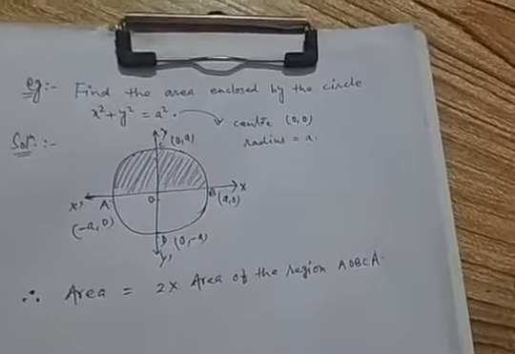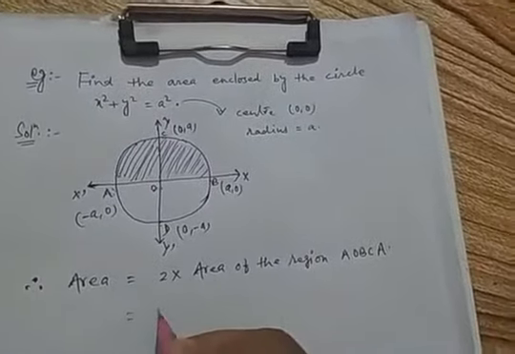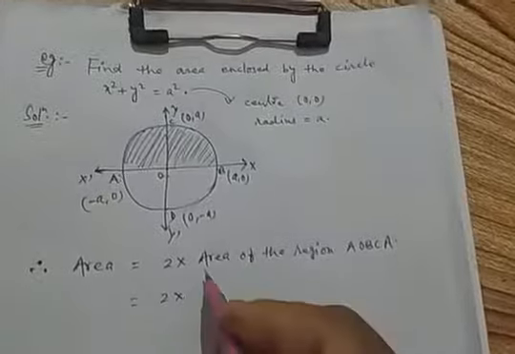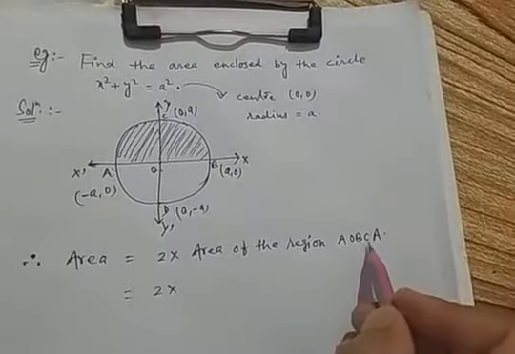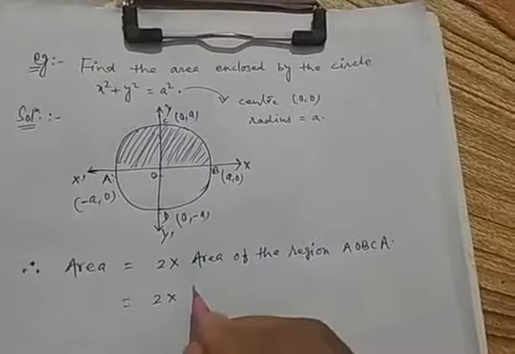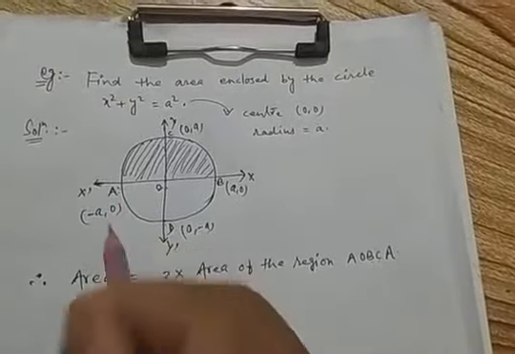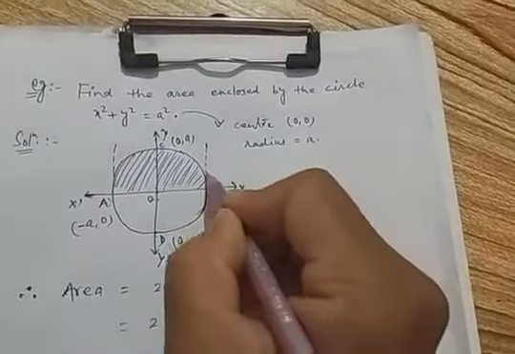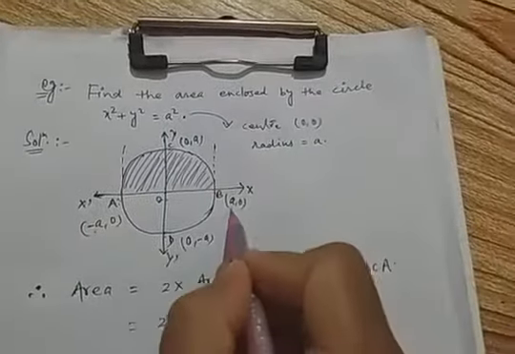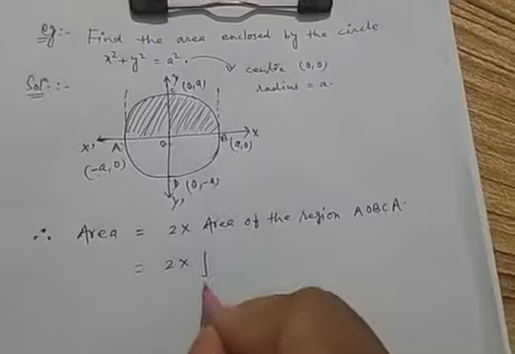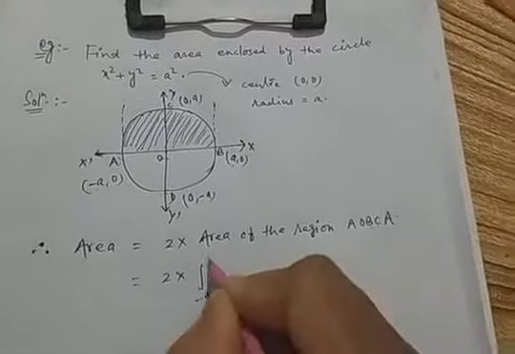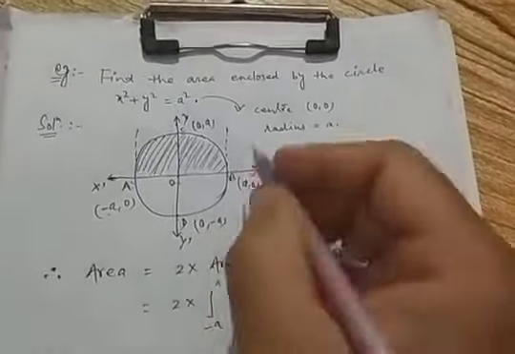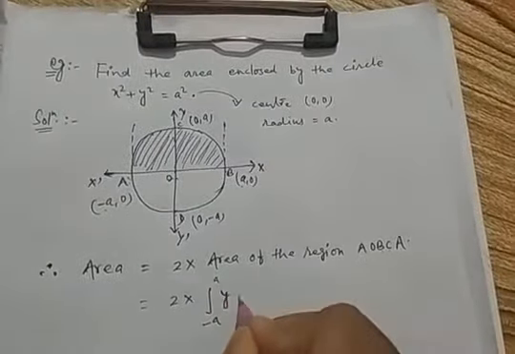Okay, so 2 into area of the region AOBCA is equal to integration from minus a to a, y dx.